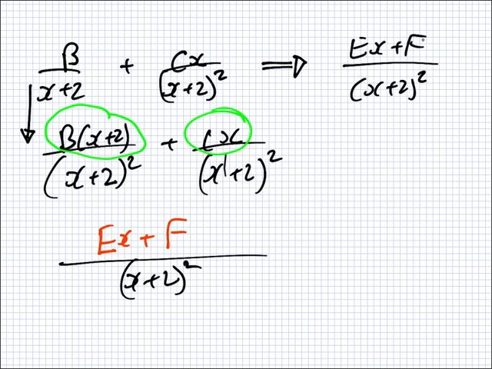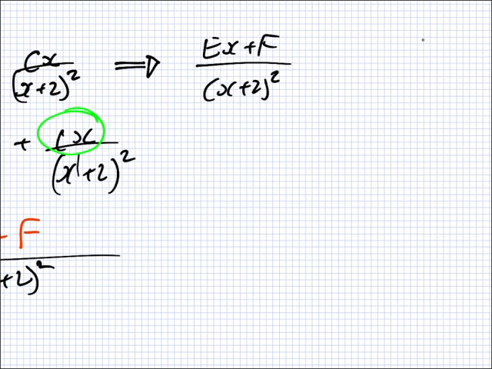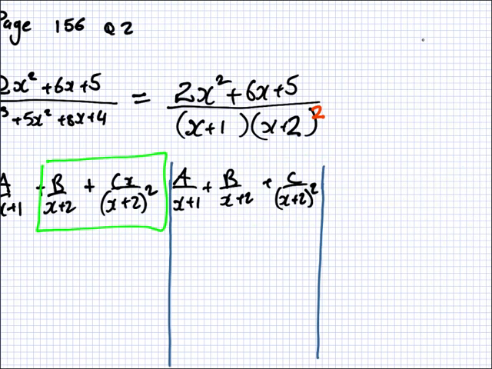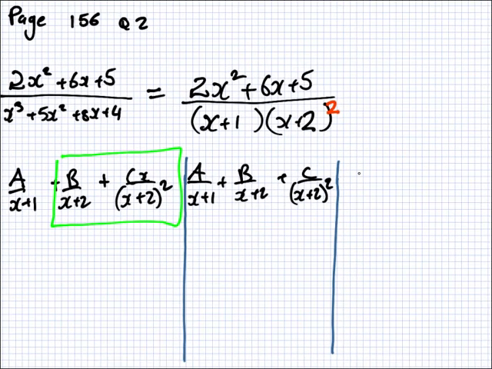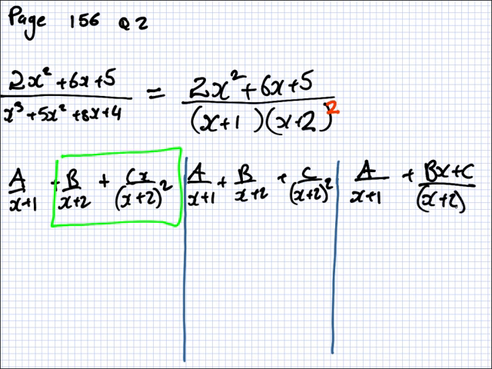Yeah. So if I go back now to the question, it means that here I could have also said A over x plus 1 plus Bx plus C over x plus 2 squared. So you have 3 choices here, and you'll get 3 different answers.